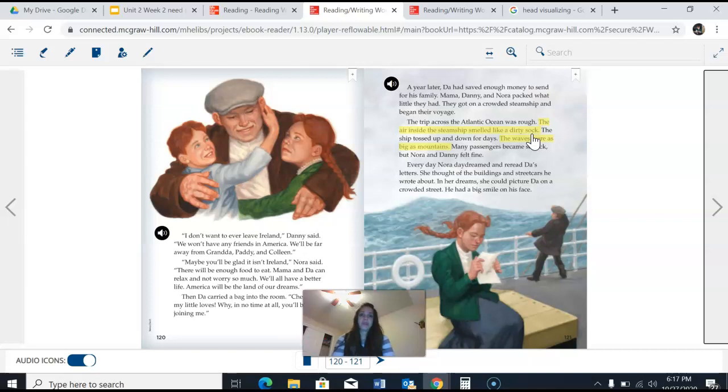So remember, third grade, a simile compares two very different things. Here we are comparing the smell of the steamship to a dirty sack. What does that help you visualize?